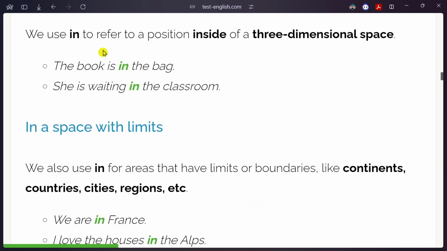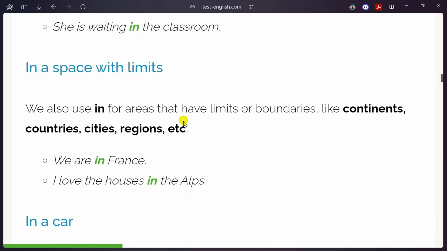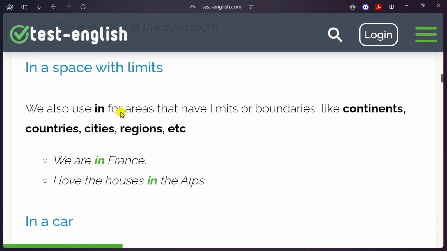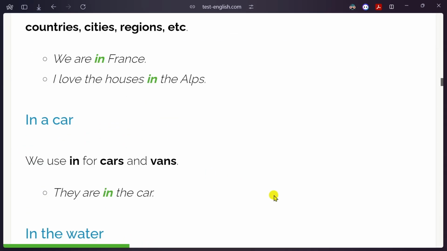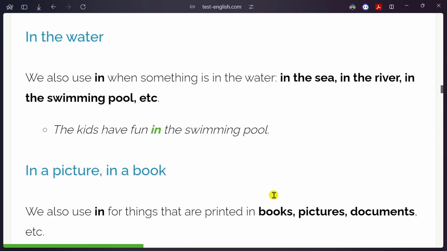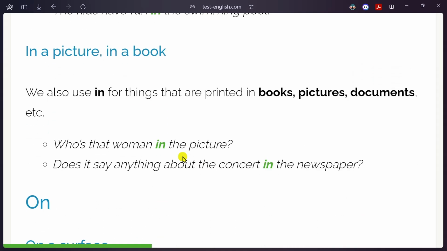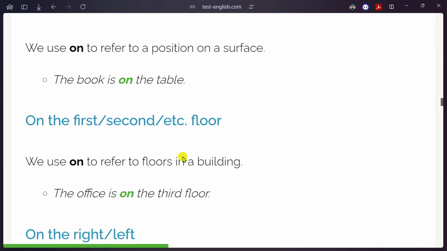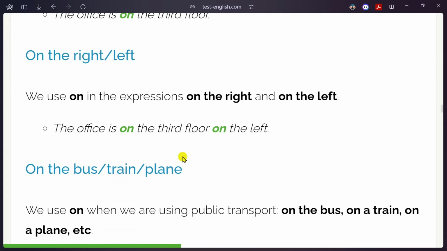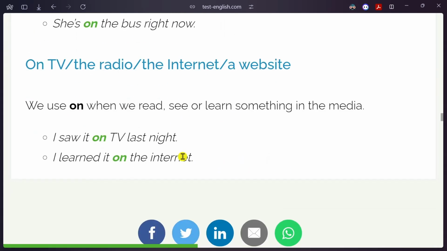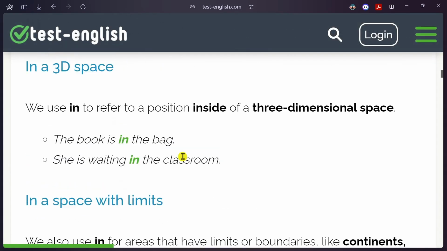In a 3D space, the book is in the bag, we've seen this. In a space with limits: continents, countries, cities, regions. In a car, in the water, in the river, in the swimming pool. In a picture, in a book, on a surface. We've seen all of this, nothing new.